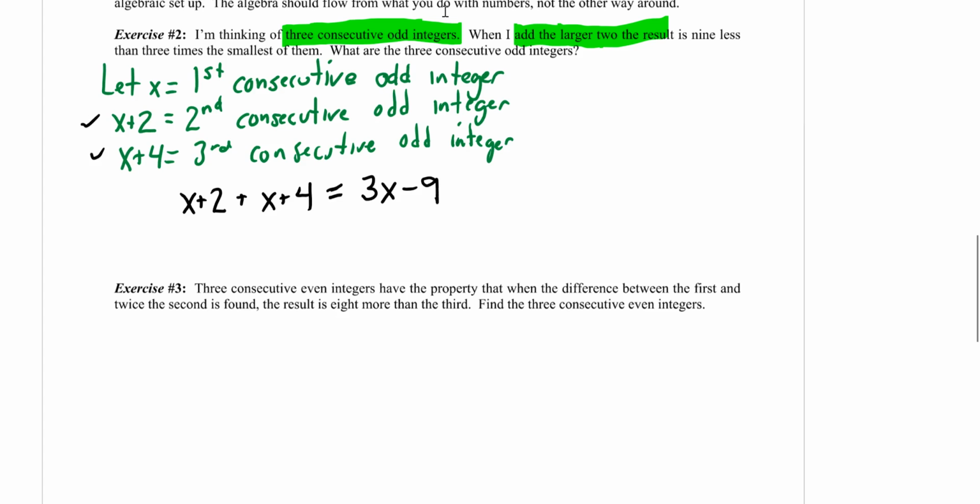This part right here. 9 less than 3 times small. So when I do 9 less, perfect. See, when I do 9 less than your age, it's your age minus 9. And that's hard. Because we read it 9 less than 3 times, so you think 9 minus 3x. But English is funny with subtraction sometimes. Okay? But now I've got an equation.